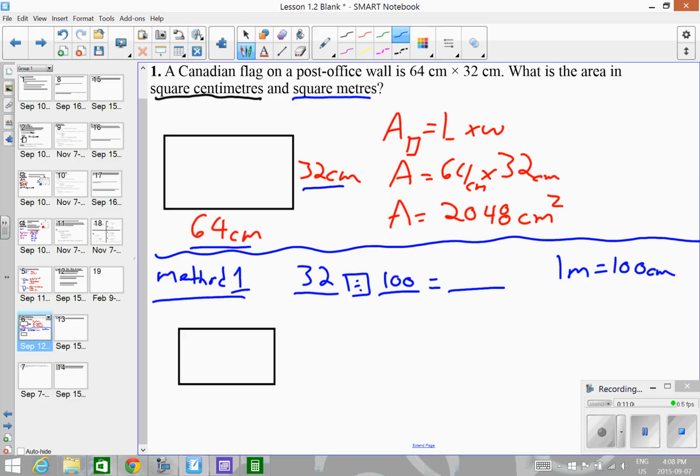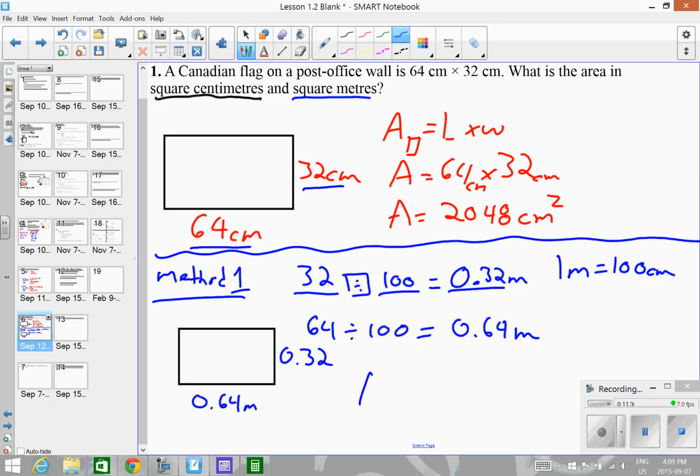And since I'm changing into a bigger unit, my number is going to get smaller. So 32 divided by 100, that'll give me 0.32 meters. So there's my width, 0.32. All right, same thing for my length. It's going to be 64 divided by 100. That's going to give me 0.64 meters. There's my length. Now, my area, same formula as before, length times width.